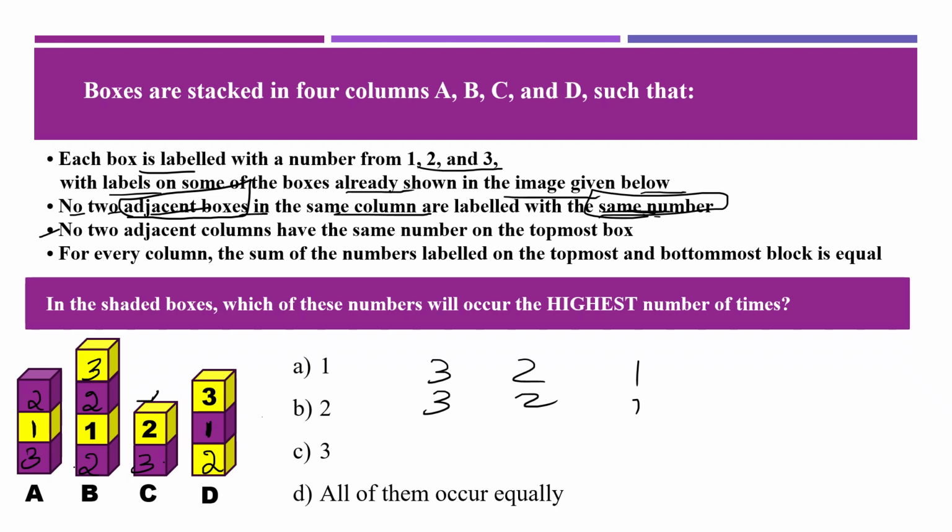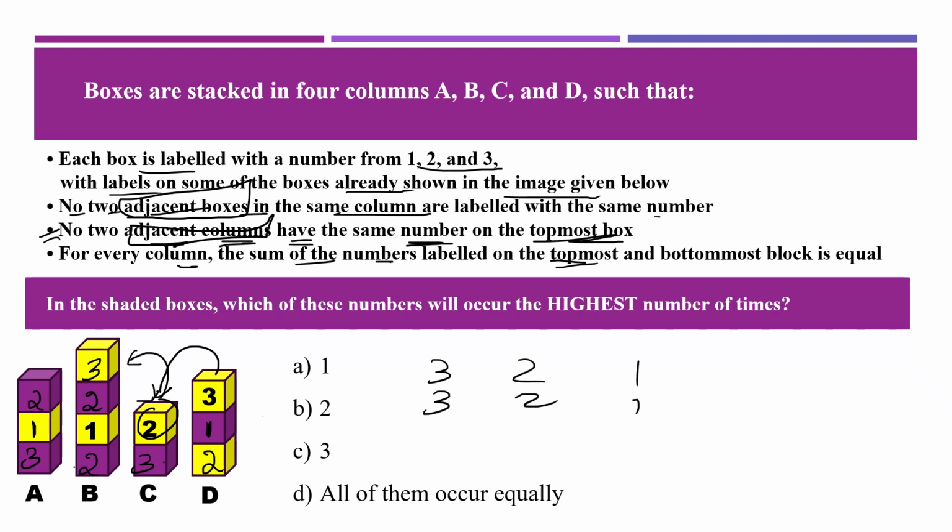Nowhere it is. Okay. No two adjacent columns have the same number on the topmost box. They are again mentioned as adjacent columns. This is 3. Adjacent to it is 2. Adjacent to this is again 3. It's 2. Okay. For every column, the sum of the numbers labeled on the topmost and bottommost is equal.